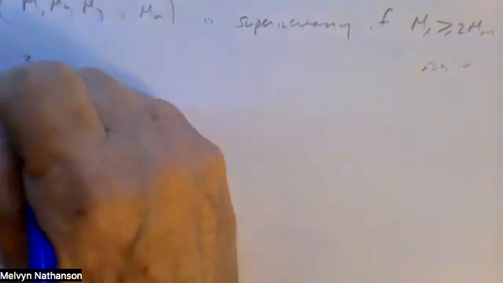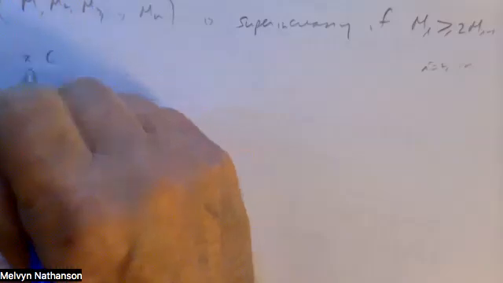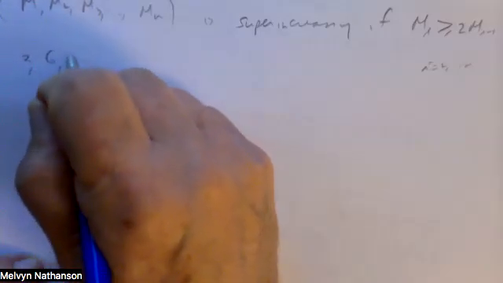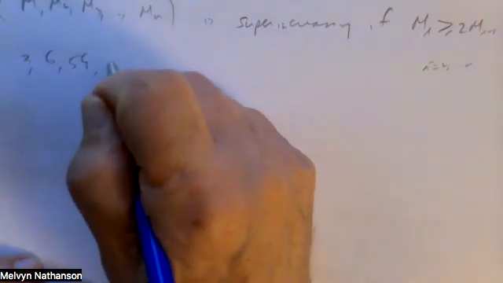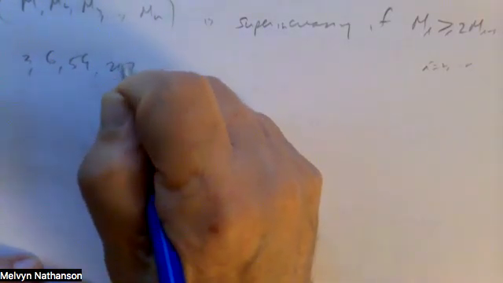So you start with 3. 6 is 2 times 3. 59 is bigger than 12. 207 is bigger than 2 times 59. This is a super increasing sequence.